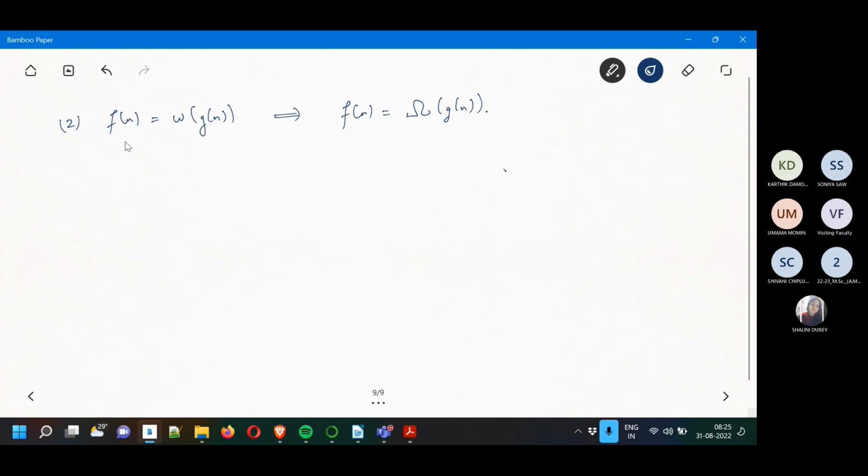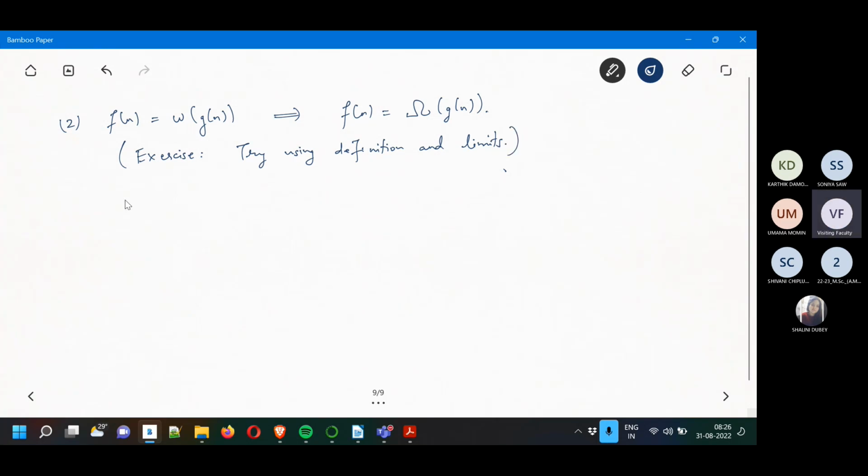Okay, so this is exercise. Try using the definition and limits.